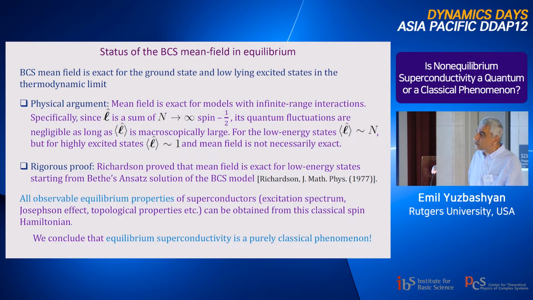Furthermore, all observable equilibrium properties of superconductors, such as excitation spectrum, Josephson effect, and topological properties for topological superconductors, can be obtained from this classical spin Hamiltonian I showed a couple of slides ago. So we therefore conclude that equilibrium superconductivity is a purely classical phenomenon.